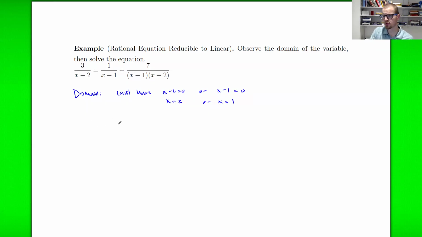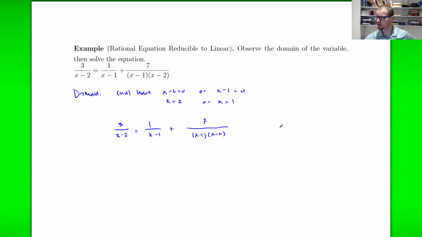Okay, so let's see what we end up with. We start with our equation of 3 divided by x minus 2 is equal to 1 divided by x minus 1 plus 7 divided by x minus 1 times x minus 2. Now, what I'd like to do is get rid of the fractions, right? We have a bunch of rational expressions being added together, set equal to, that sort of thing. So what can we do here?